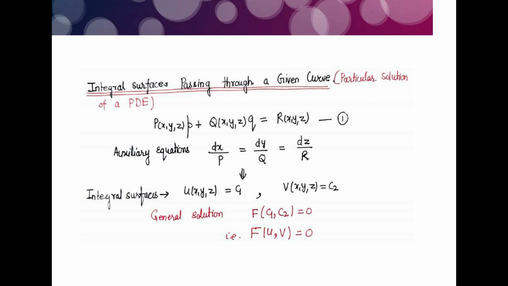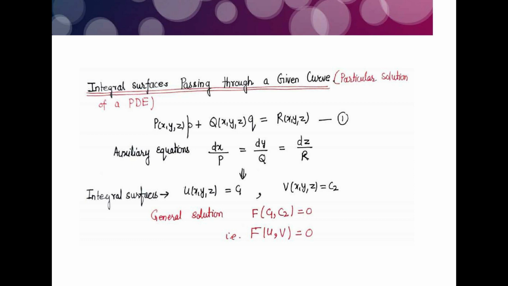The Lagrange partial differential equation is given by 1, and corresponding to this partial differential equation, the auxiliary equations are dx upon p equal to dy upon q equal to dz upon r.